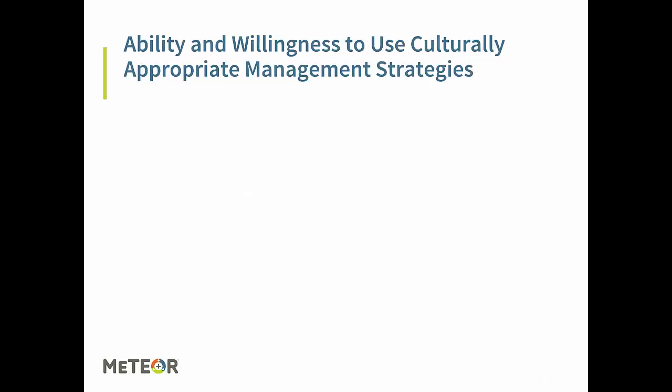The fourth part of culturally responsive classroom management is the ability and willingness to use culturally appropriate management strategies. The next step along this path is to reflect on the ways that classroom management practices promote or obstruct equal access to learning. These practices include creating a physical setting that supports academic and social goals, establishing and maintaining expectations for behavior, and working with families.